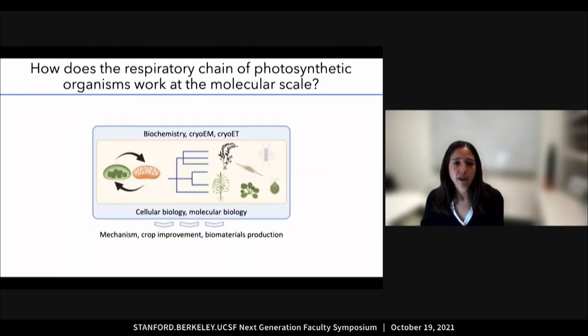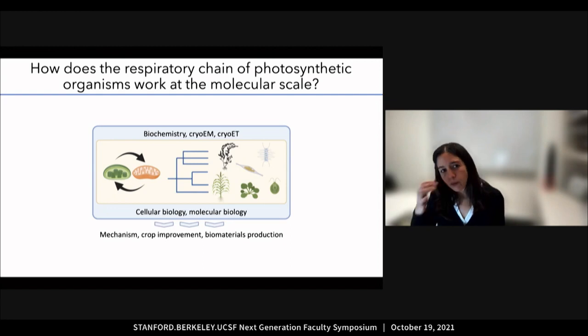So in order to do this, my goal as an independent investigator will be to examine how the respiratory chain of photosynthetic organisms works at the molecular scale, and across photosynthetic clades, so not just in land plants and in green algae, but really to survey the variety of biodiverse photosynthetic organisms.